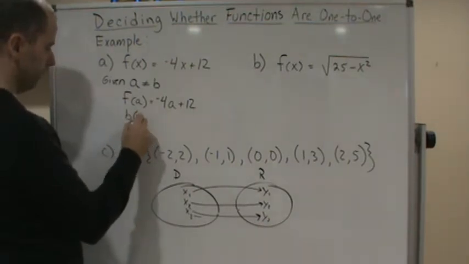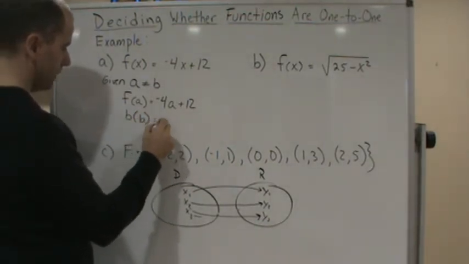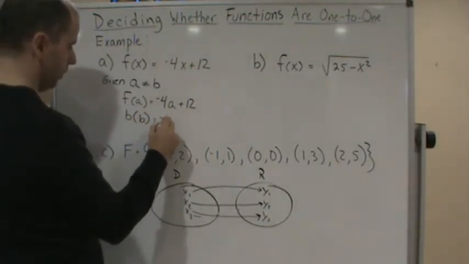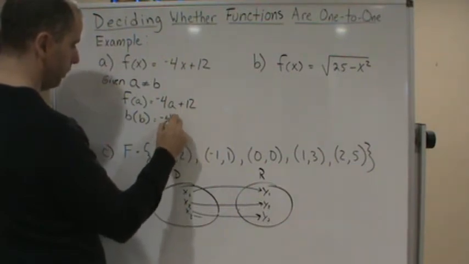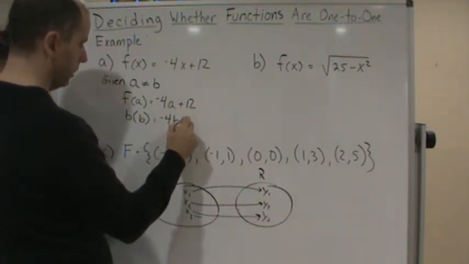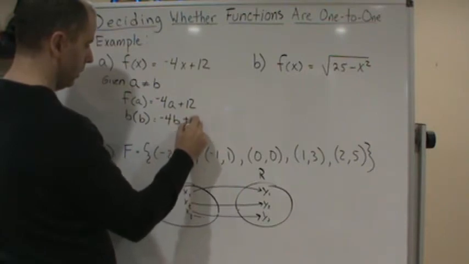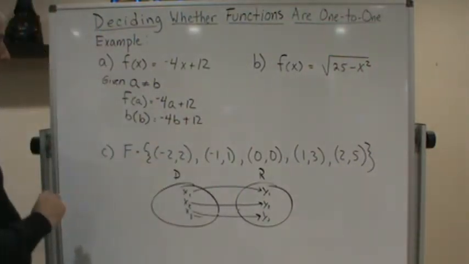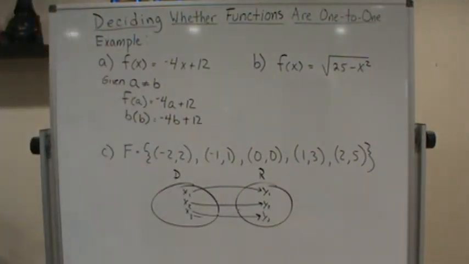f of b is equal to negative 4b minus 12.